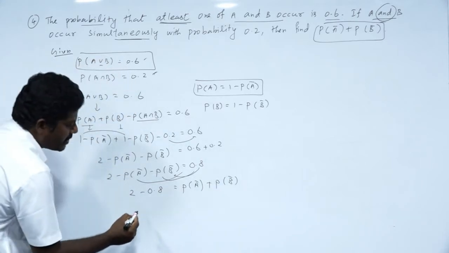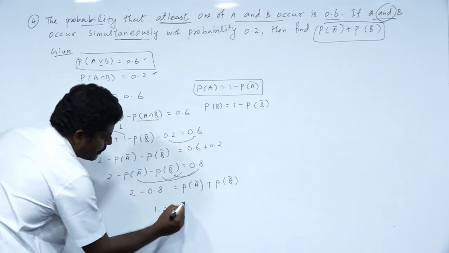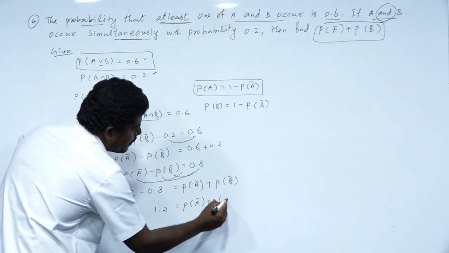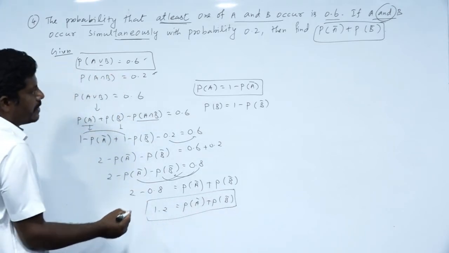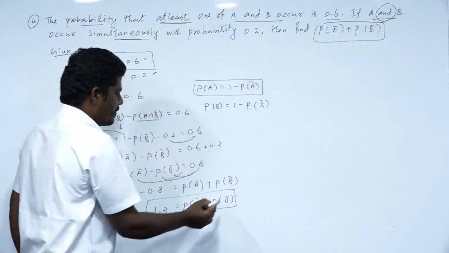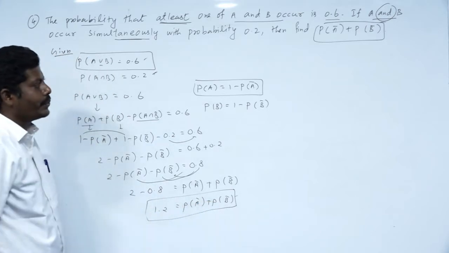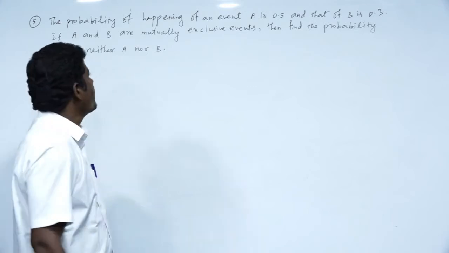Now, 2 minus 0.8 is 1.2, which is equal to probability of A bar plus probability of B bar. Understand this, my dear students? They are asking probability of A bar plus probability of B bar. So the value of probability of A bar plus probability of B bar is 1.2. Understand, my dear students? Okay, next, listen to question number 5, my dear students.